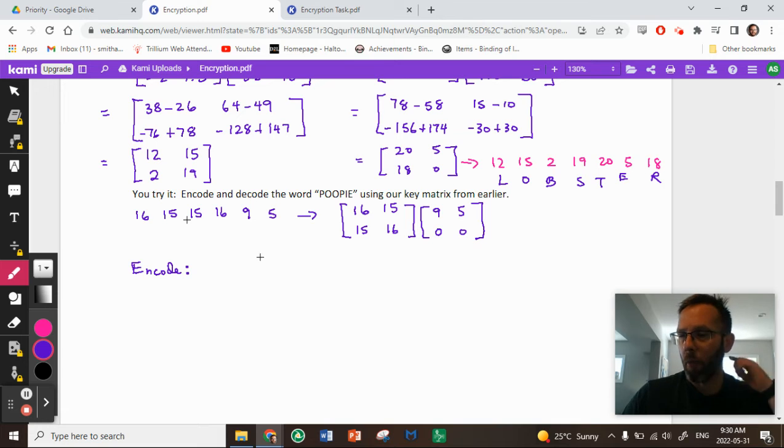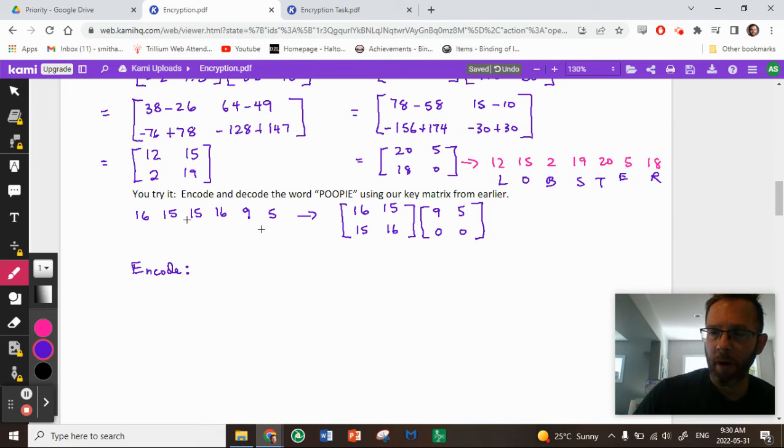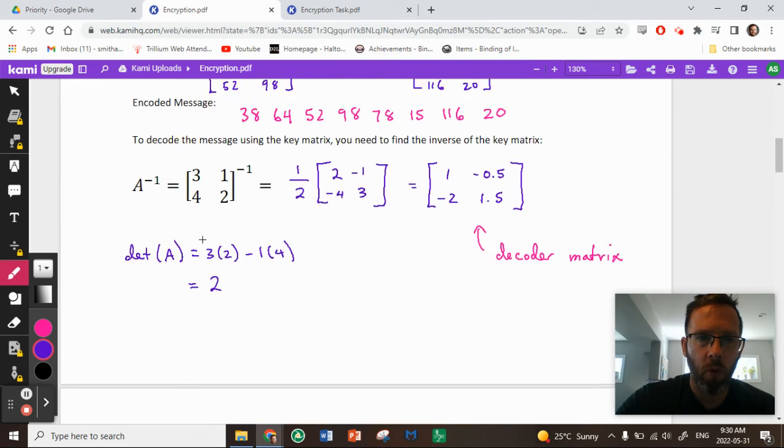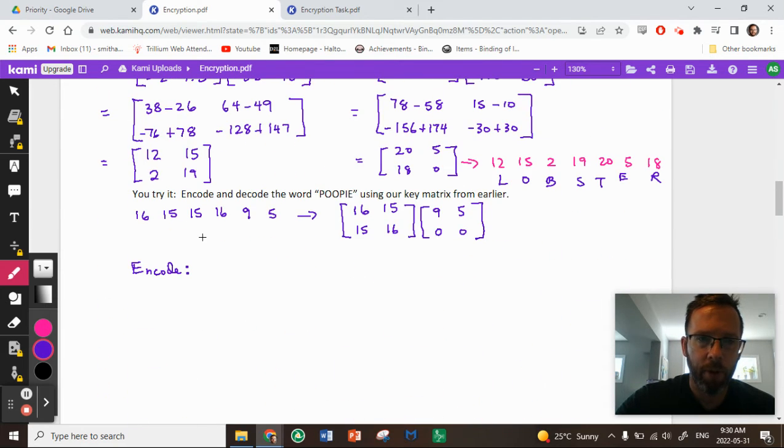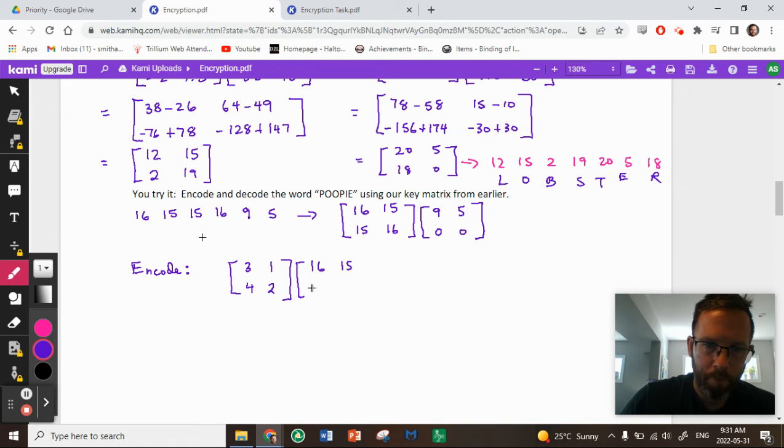And again, at this point, feel free to pause and then do it yourself, and then you can fast forward through my work here. But yeah, our encoder matrix was 3142. And then 3142.